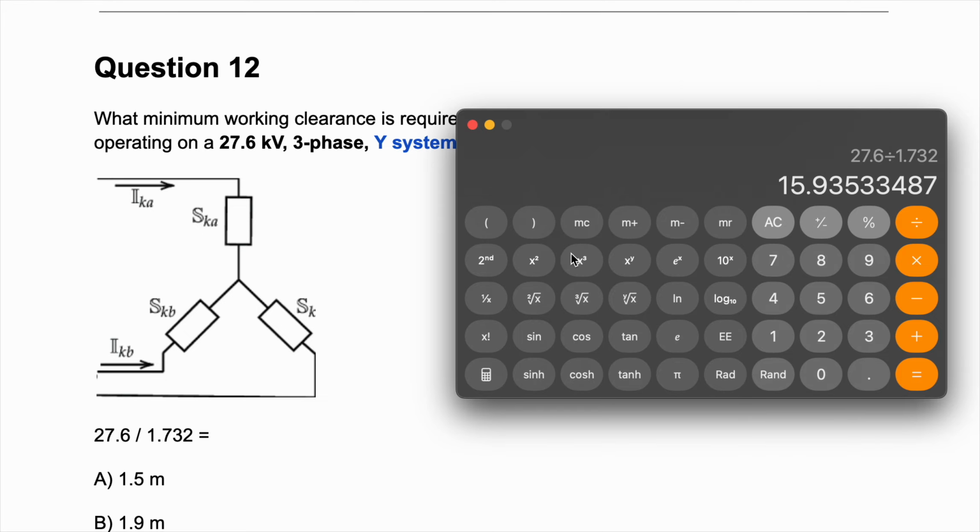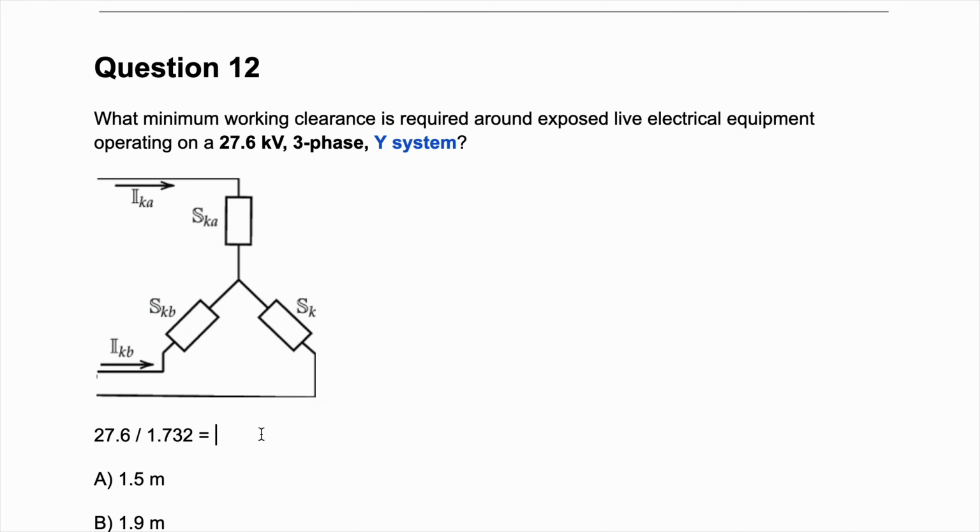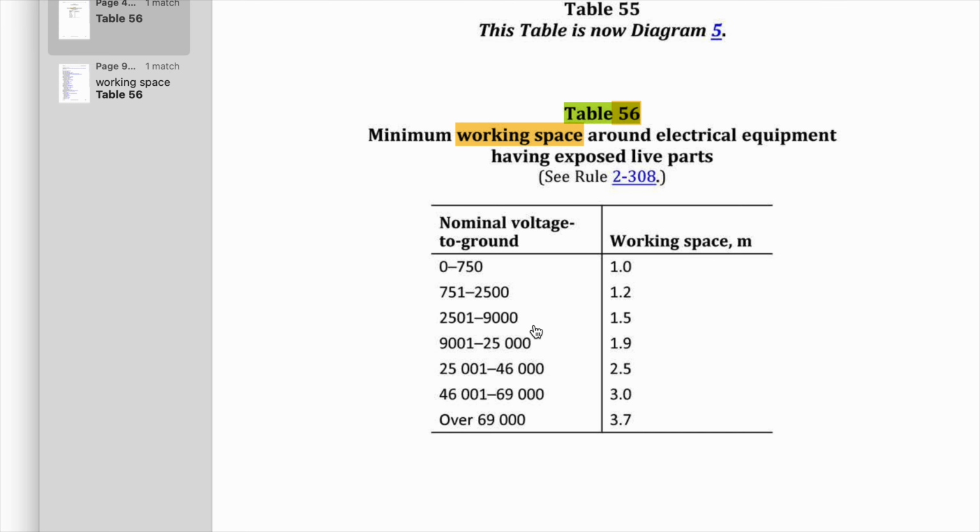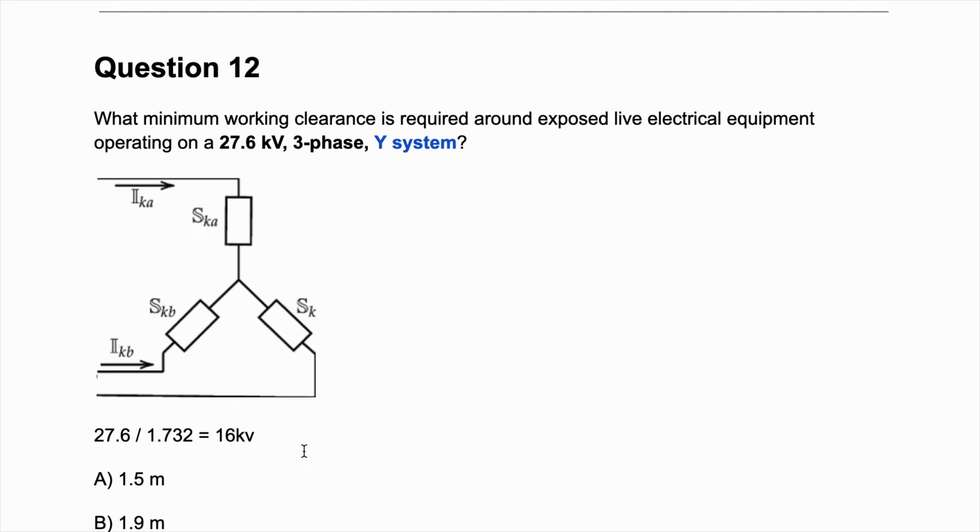Imagine 16 kilovolt. So in this table, again, we come here for 16 kilovolt, and it's 1.9 meter. Minimum.